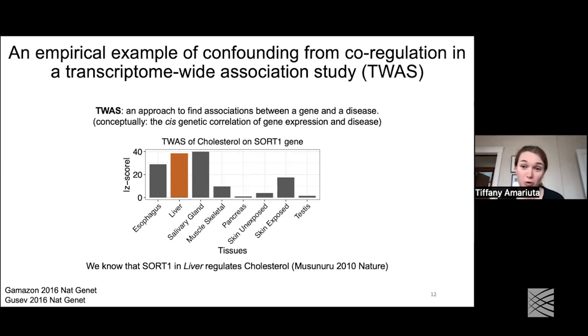If you were to perform a TWAS on SORT1 across different tissues from GTEx, I show the results here, and the striking observation is that liver tissue is not the tissue with the largest z-score. So here is a really quick example of how it is not always glaringly obvious from a TWAS which is the most relevant tissue.